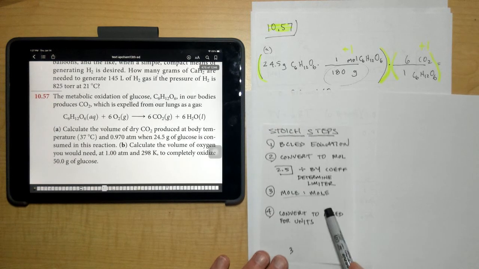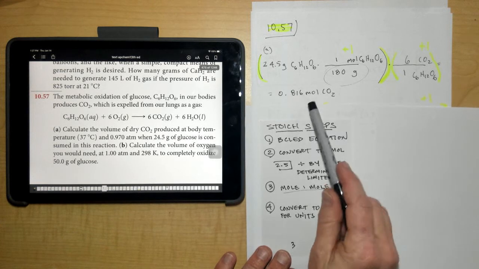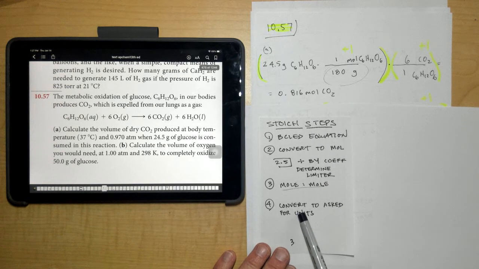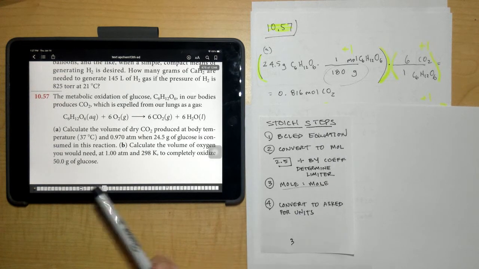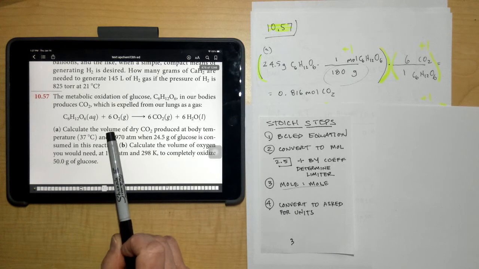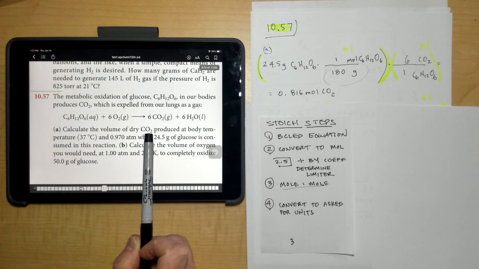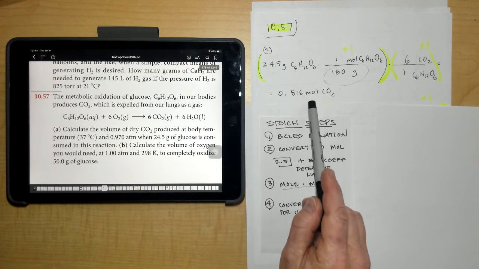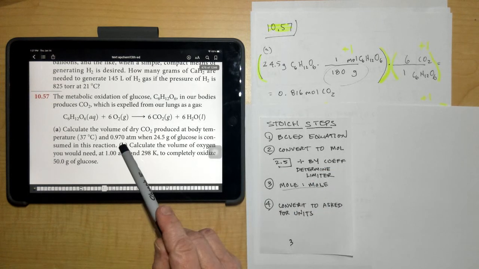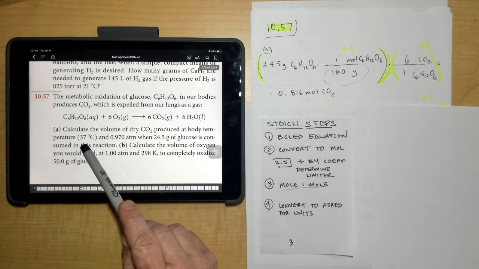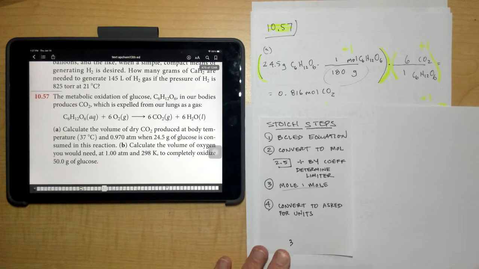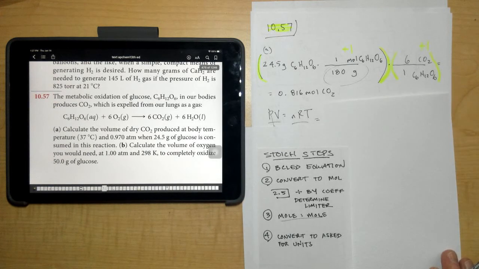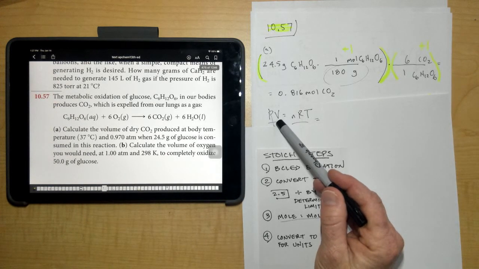All right, the next step then, once we have our number of moles, is to convert to the asked for units. Well, the units that they're asking for is the volume of the CO2. So we need to convert to liters. Well, if we know the moles, we know the pressure, we know the temperature, now we can use PV equals nRT to find the volume right here.